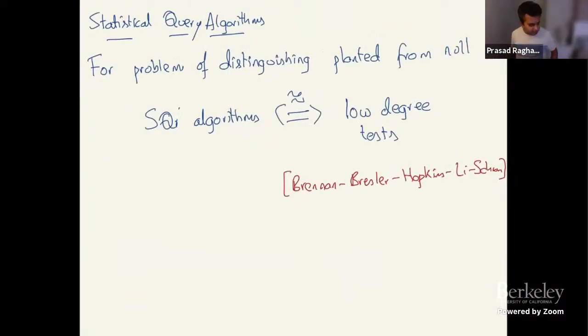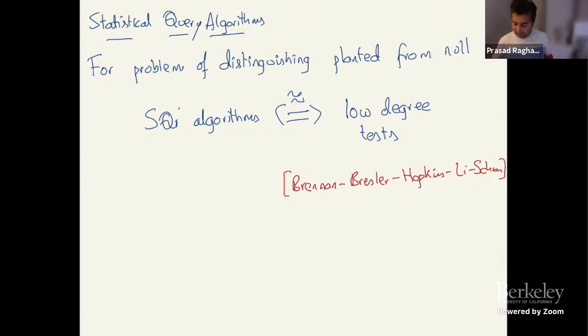Recently, Brennan, Bresler, Hopkins, Li, and Schramm showed that for problems like distinguishing planted from null, statistical query algorithms are more or less equivalent to low degree tests, beyond the most natural and canonical bottlenecks.